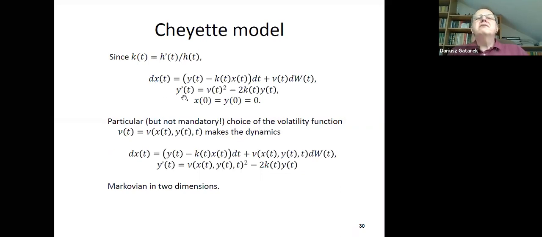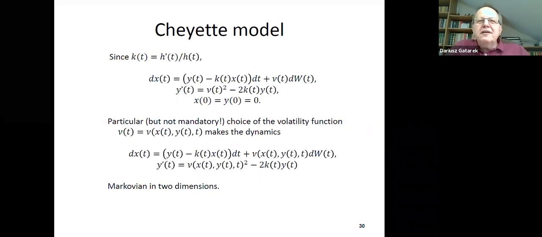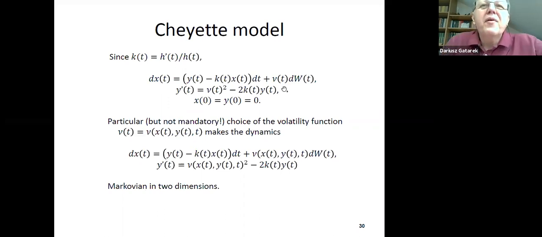So people say this dimension is not 2 but 1.5, because only x is a full Ito process. Y doesn't have the diffusion term, only the drift term.